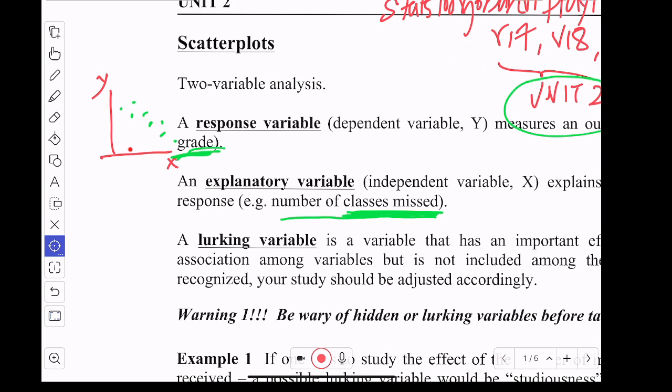So as you go this way, Y goes lower and lower and lower. So a way that we look at that, well, I'll talk more about how we see that's a negative relationship.